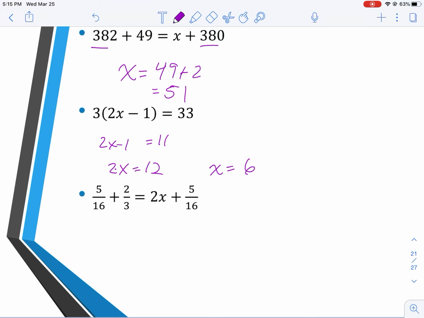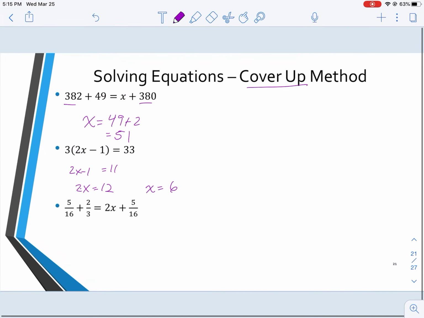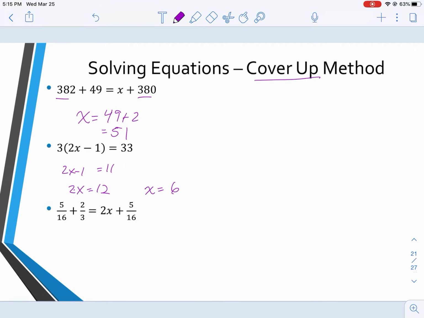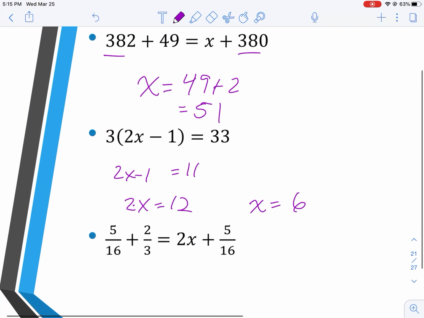Now, something that's kind of cool is this thinking, thinking about covering up and thinking relationally, is really close to what we teach students to do. I'm using a slightly different technique than I did before. But do you see that dividing both sides by 3 is going to end up in this?